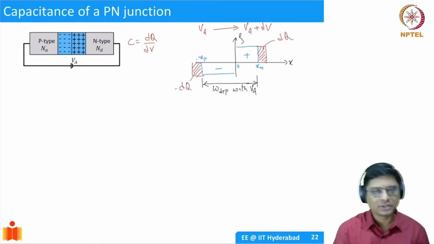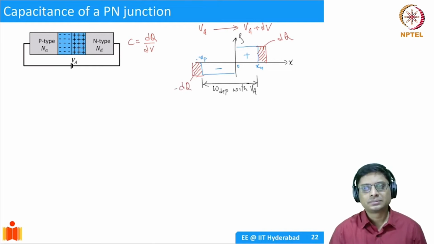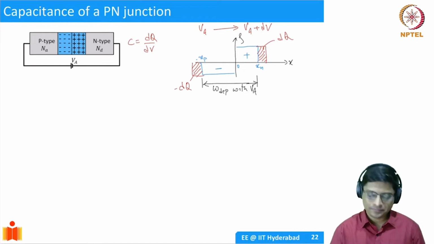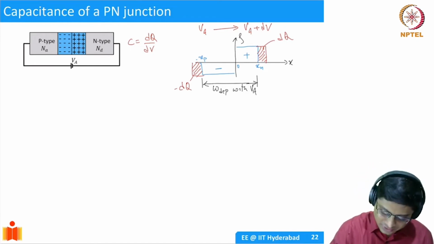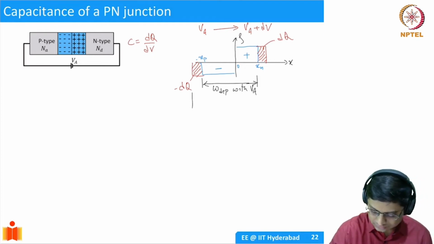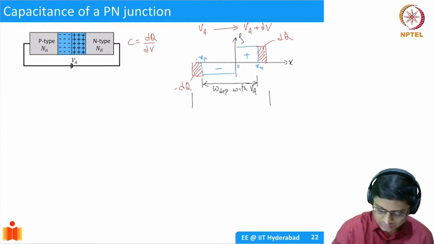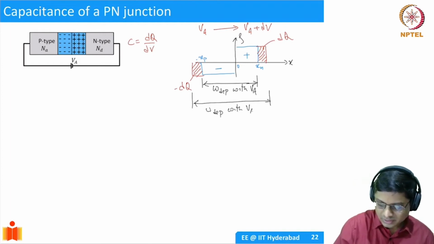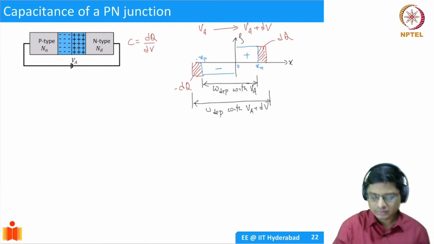This is going to be minus delta Q that is introduced. Okay. So what happened as a result of application of an additional voltage dV? The depletion region has become wider. So this is my new width, W depletion, with VA plus delta V, right?